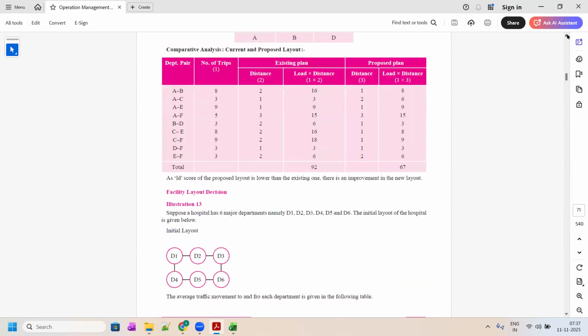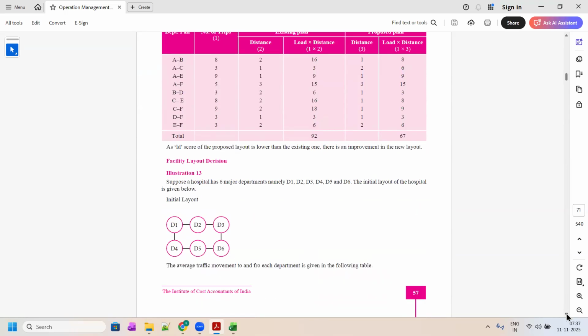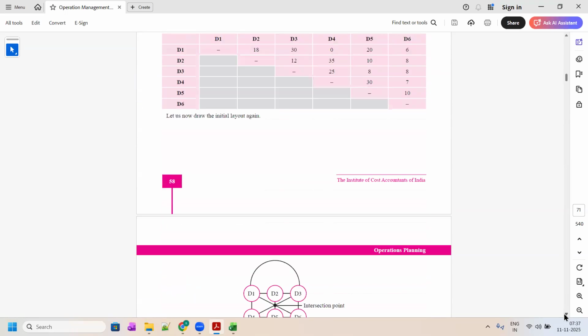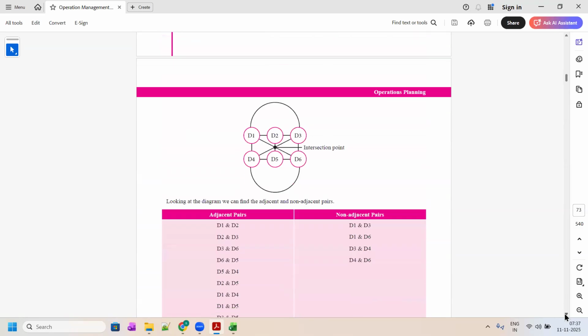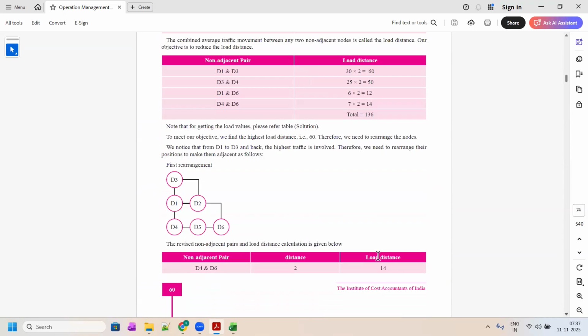Here it was given D1, D2, already. D1, D2, D3, then D6, D5, D4. Like this, we can create some kind of possibility. Here one arrangement is created. Are you getting this? Because we don't know what the optimal answer is.